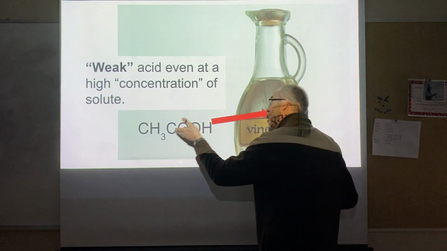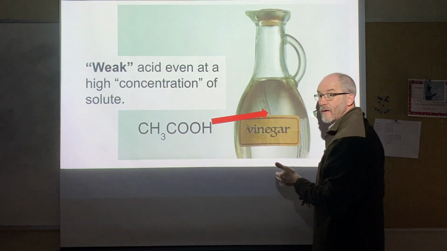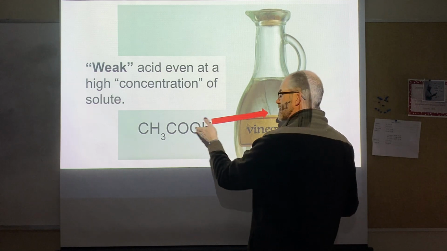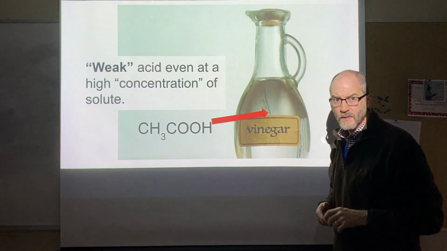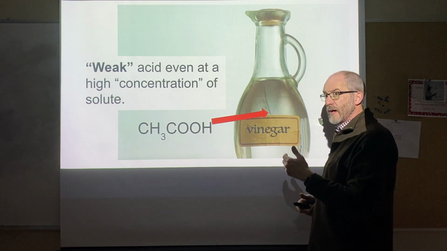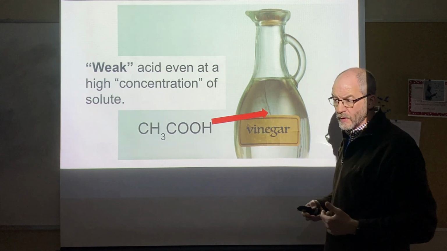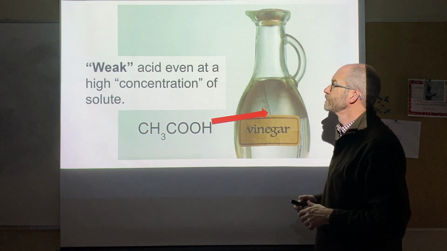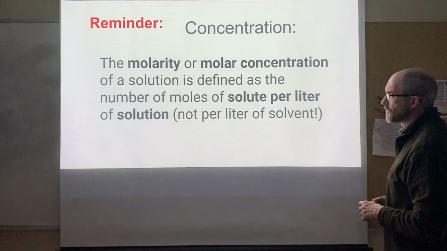In other words, you've got a bunch of this in here, but it's still a weak acid because this doesn't come apart very well. So you need to think about this. Yes, you can have a high concentration of something and still be a weak acid or base. All right, reminder.